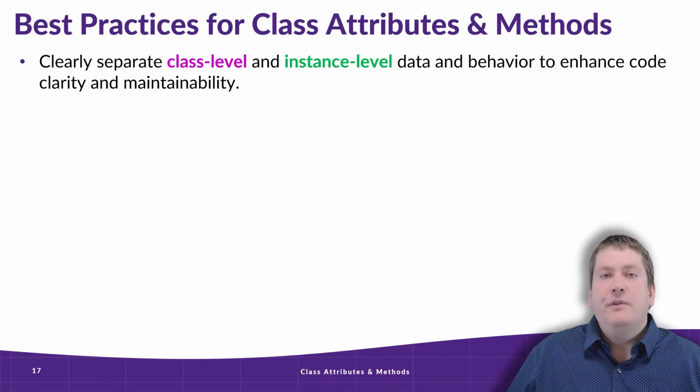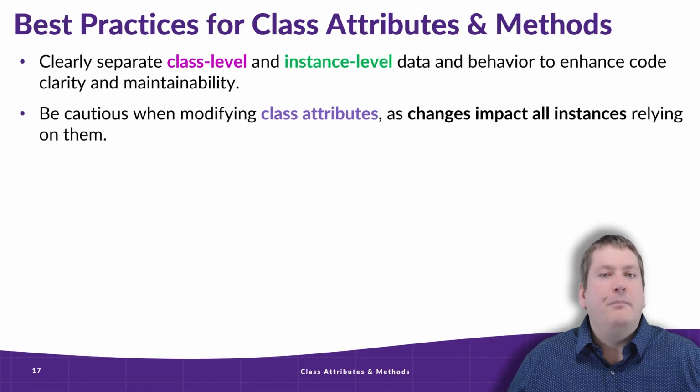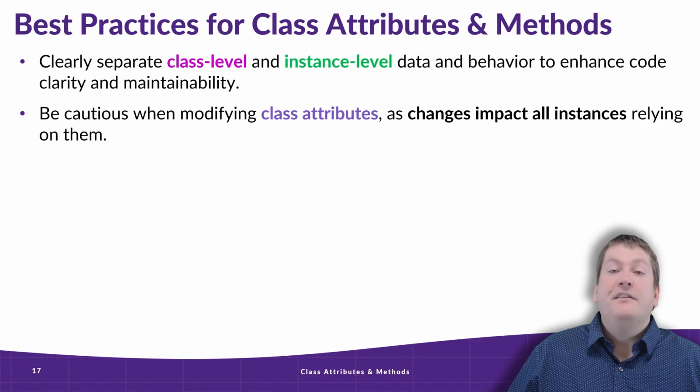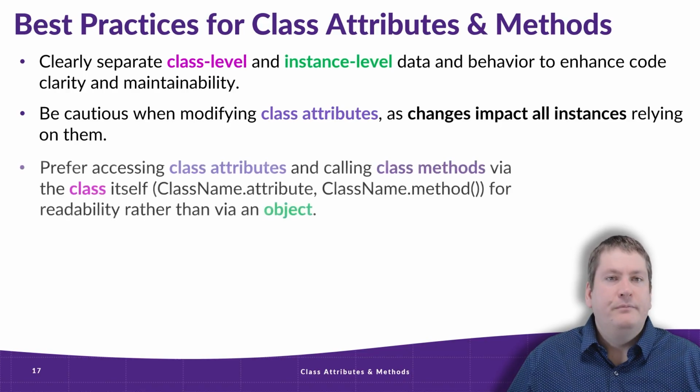One of the ways we can do that is avoid accessing class attributes through that self parameter or through the object, unless we have a special reason to. We also want to be cautious when we're modifying class attributes because it's very easy to accidentally create an instance attribute, or it could be making a change to all instances of the classes that rely on them, which we probably don't want to do unless we intended for that.